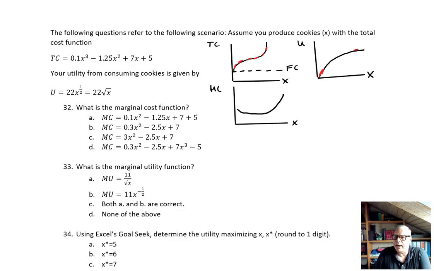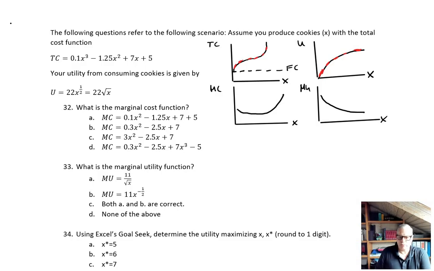But when we already have a lot, the extra utility from having another cookie is not that great. So if we draw this marginal utility, then we get something that looks like this.